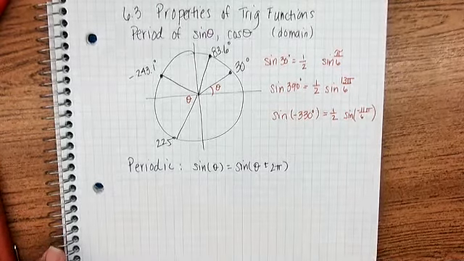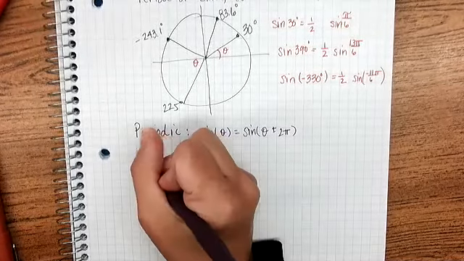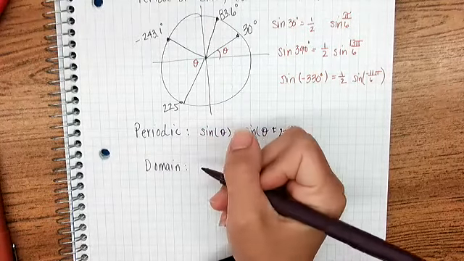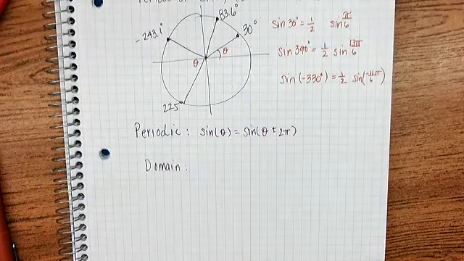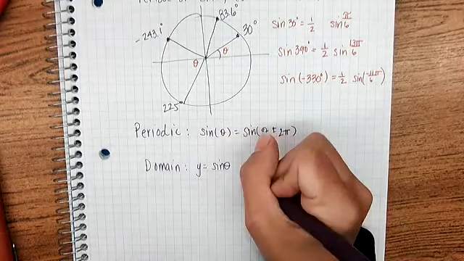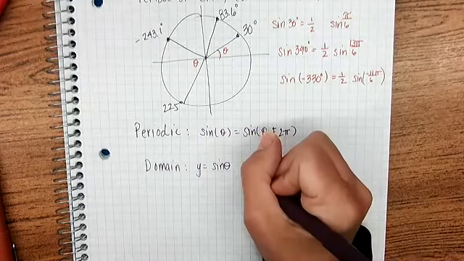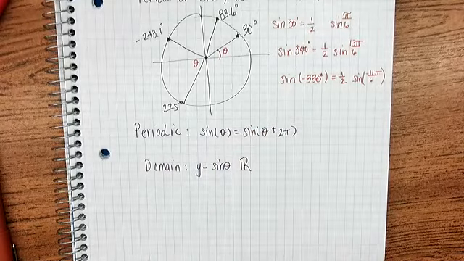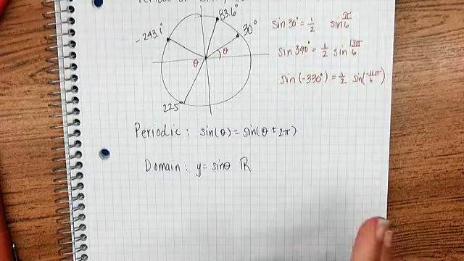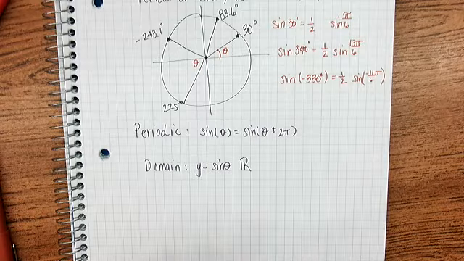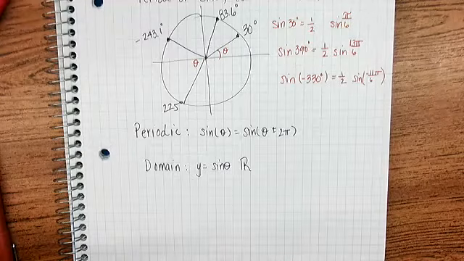I'm just going to leave a little bit of space here. So the domain of the sine function is all real numbers. Theta can be anything I want. Unless there's a fraction or a root or a log, all real numbers. If there's a fraction, you have to be careful because you can't have 0 in the denominator. If it's a log, you have to be careful because the argument must be greater than 0.